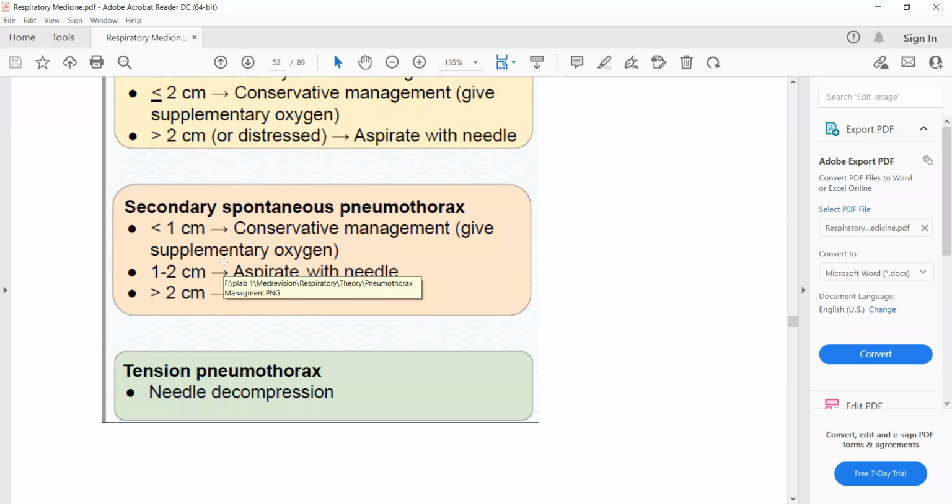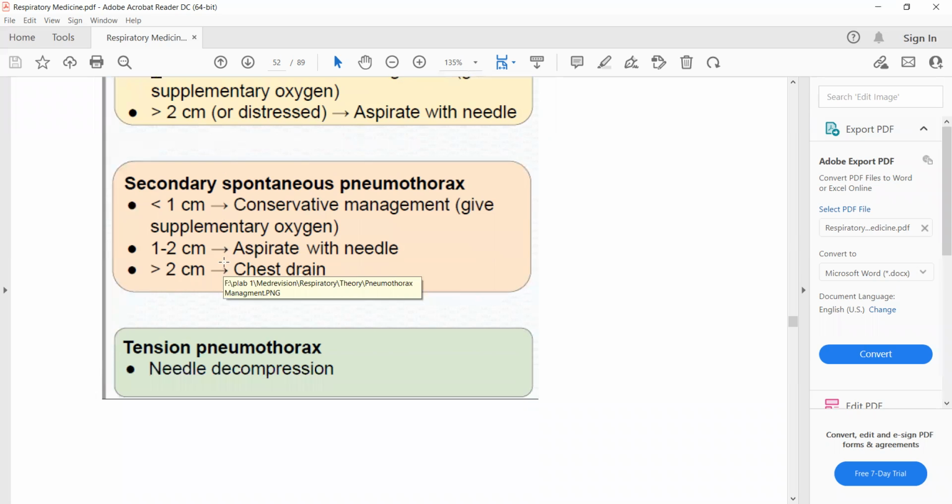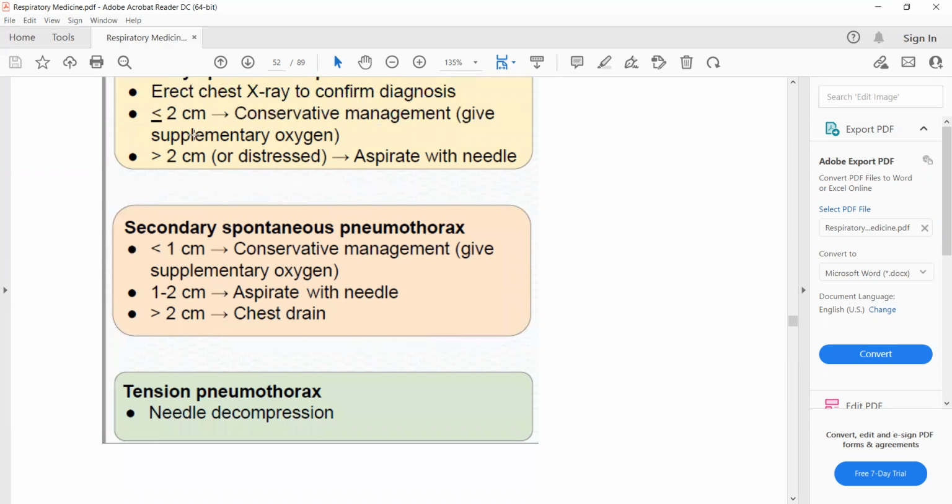Now, what about secondary spontaneous pneumothorax? In primary spontaneous pneumothorax, 2 centimeter was managed conservatively, while in secondary spontaneous pneumothorax, 2 centimeter rim will be managed with aspiration with the needle and not conservative management.